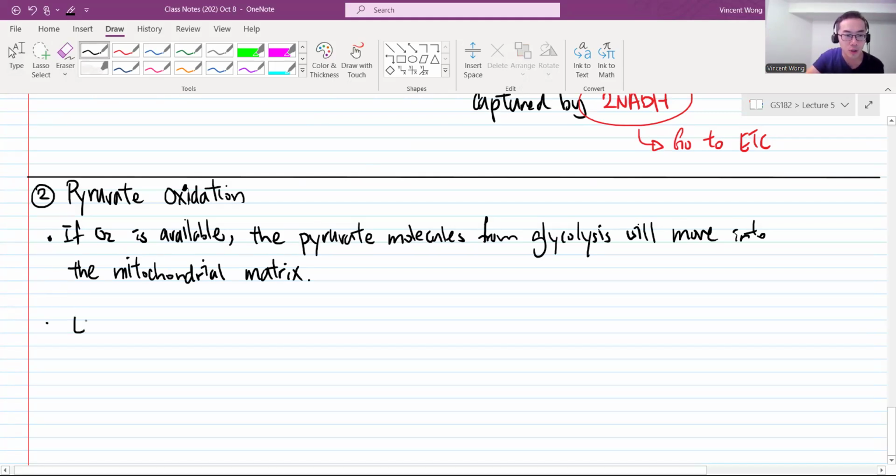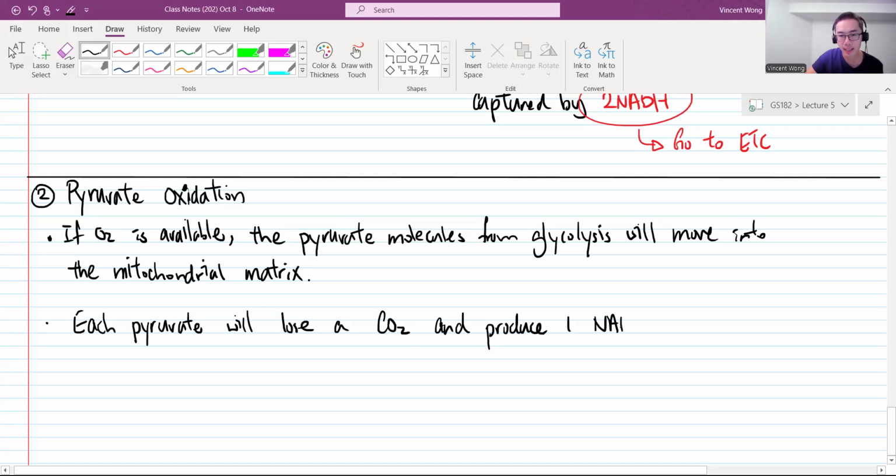Okay. Each pyruvate will lose a CO2 and produce one NADH.